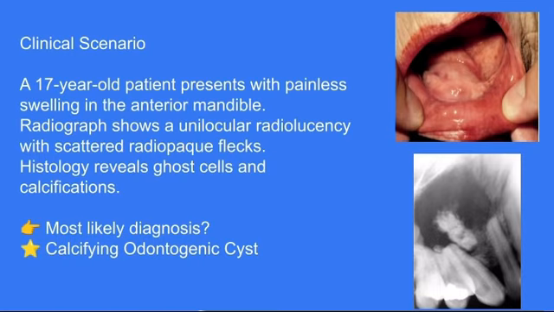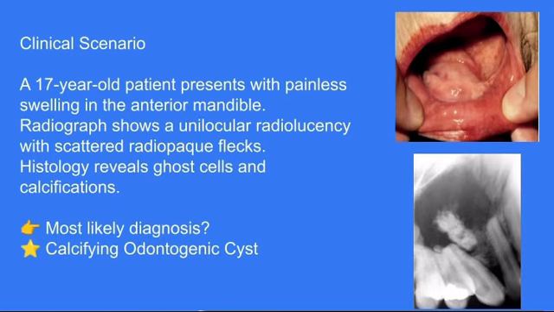Now we have a clinical scenario. Here's a short case. A 17-year-old patient presents with painless swelling in the anterior mandible. Radiograph shows a unilocular radiolucency with scattered radiopaque flakes. Histology reveals ghost cells and calcification. So what could be the most likely diagnosis? Obviously, it could be a calcifying odontogenic cyst.